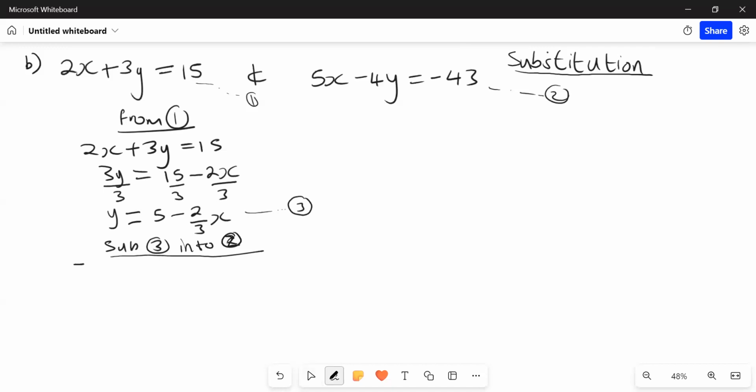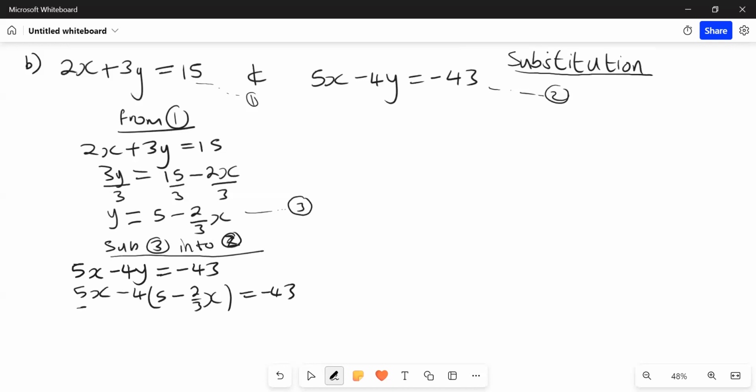So our equation 2 is as follows, with negative 43 on the right. In place of y, we're substituting 5 minus 2 over 3 x, equals negative 43.